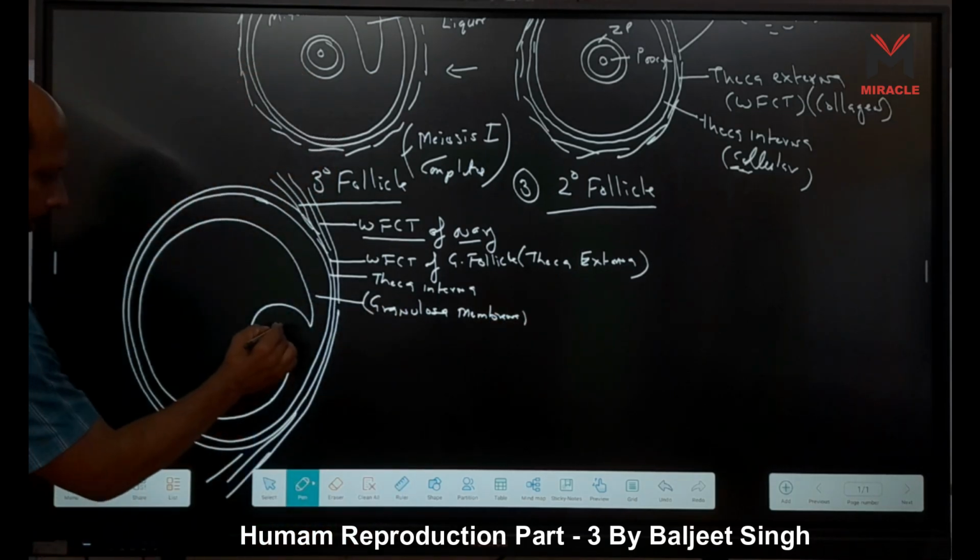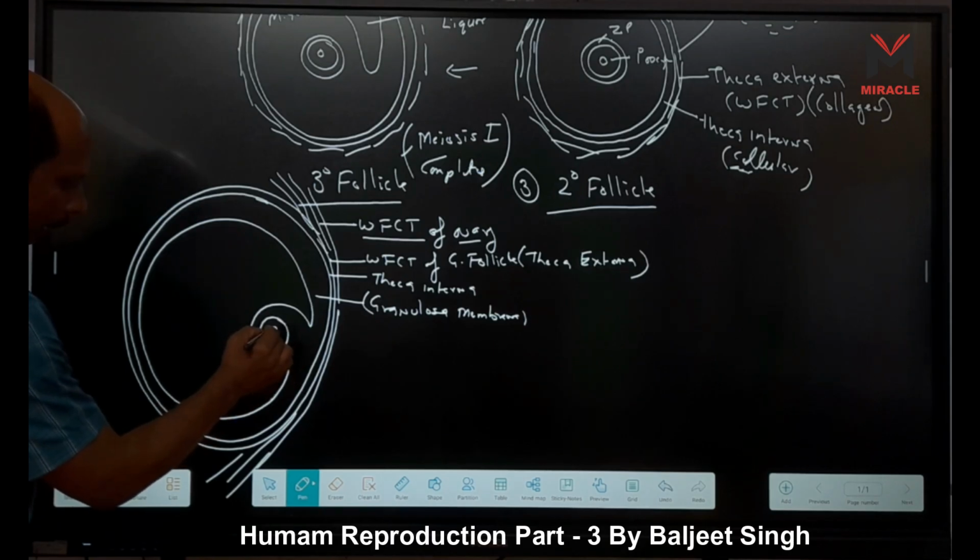Look here, this is the oocyte. Now the location of the oocyte is eccentric, right? Here is the zona pellucida.